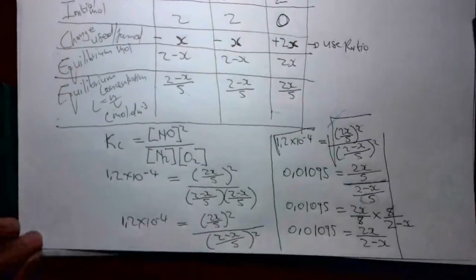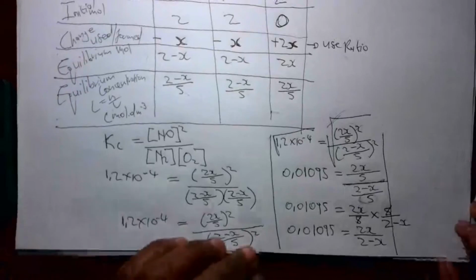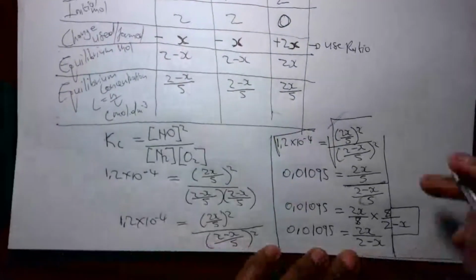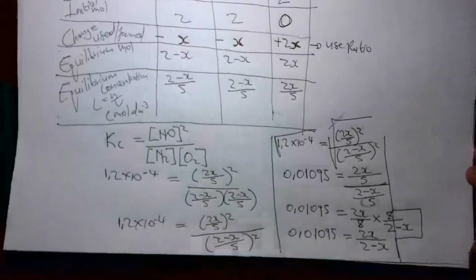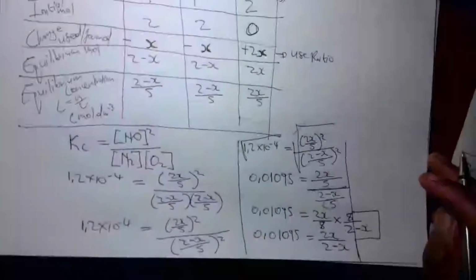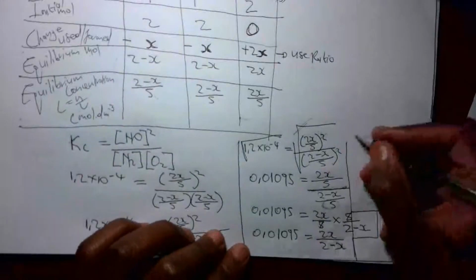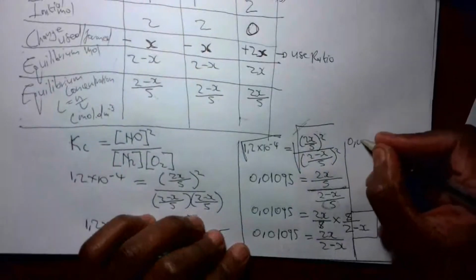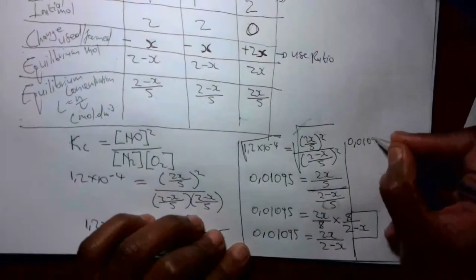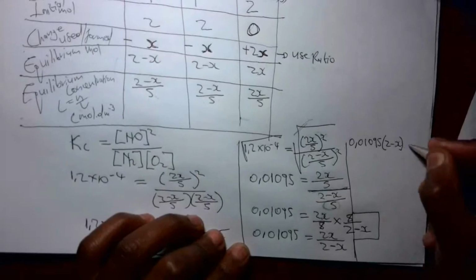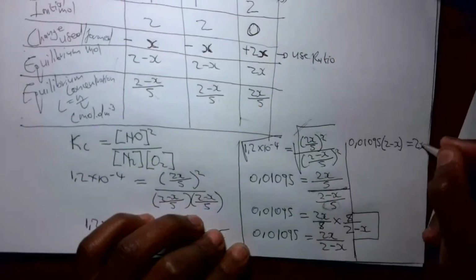Okay, so I'm going to finish this calculation on this side. Now cross multiplication: we have 0,01095 times 2 minus x is equal to 2x.